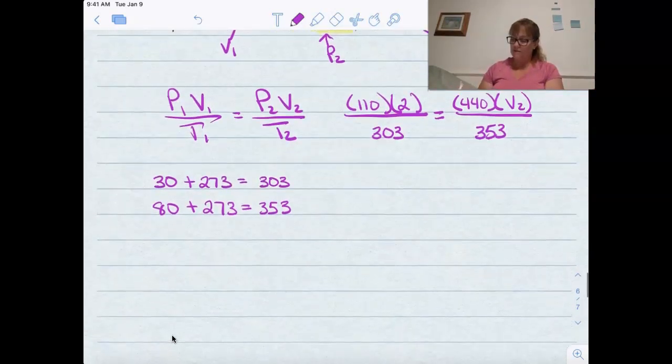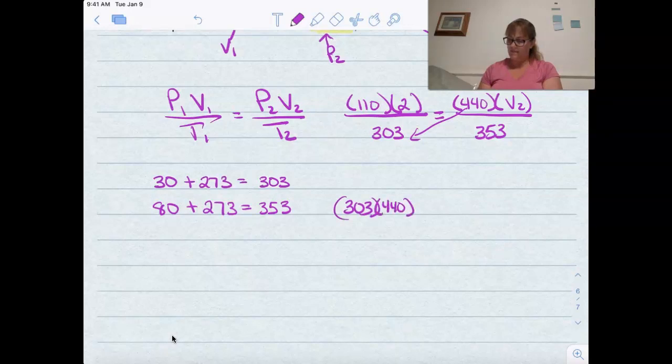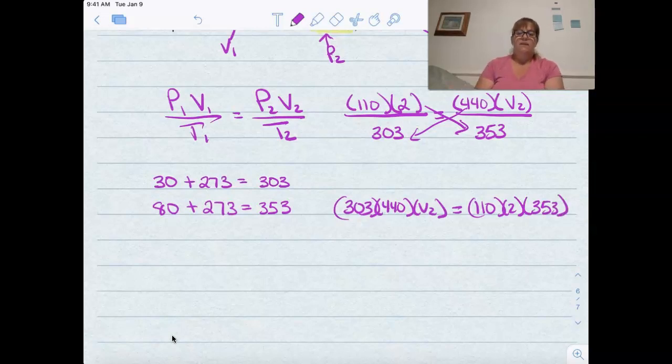Again, cross multiply. So this is going to take us to 303 times 440 times V2 equals 110 times 2 times 353. Okay. You can do your algebra any way you want in here.